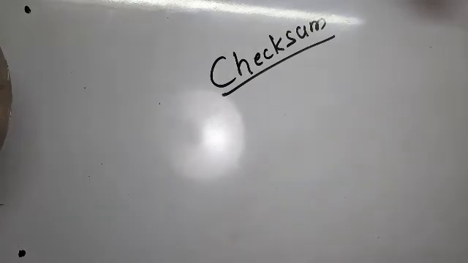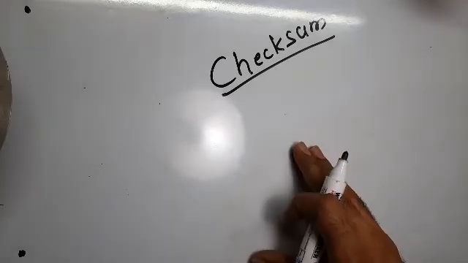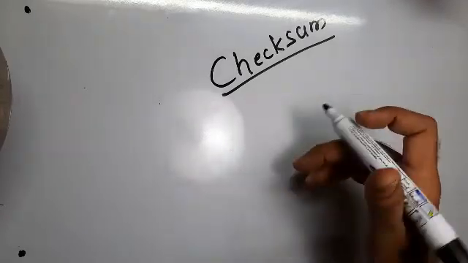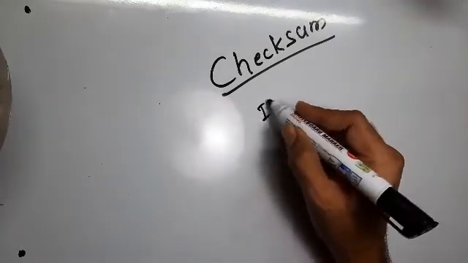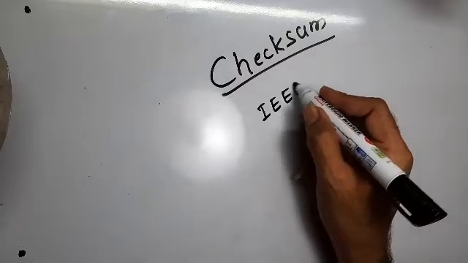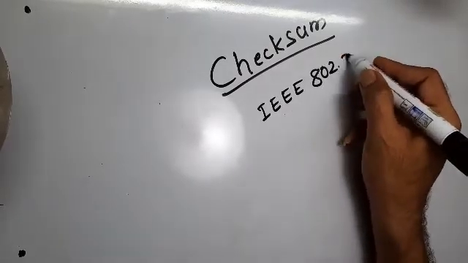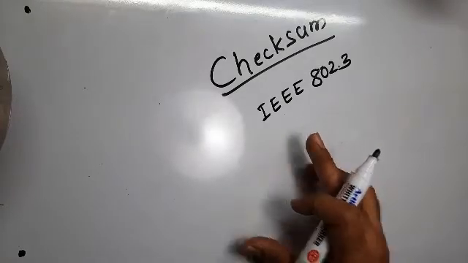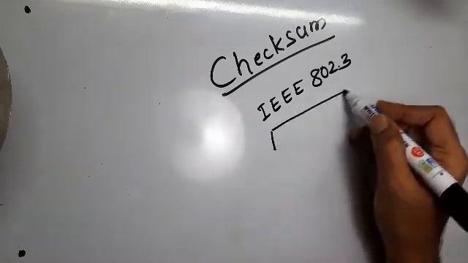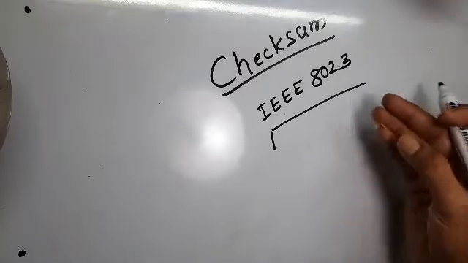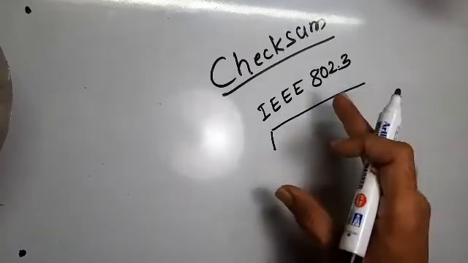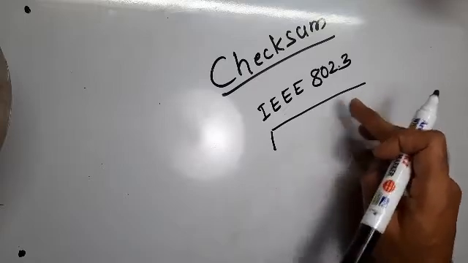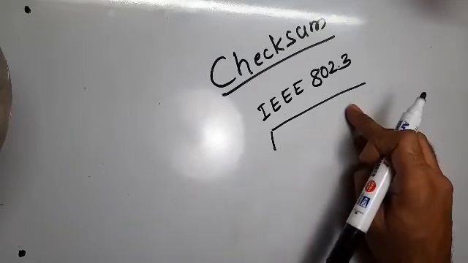Once we start discussing frames, in this subject we are going to discuss the IEEE 802.3 frame format, and at that time you will come to know where exactly the CRC will be placed in that frame, which is useful in detecting errors of the frames.